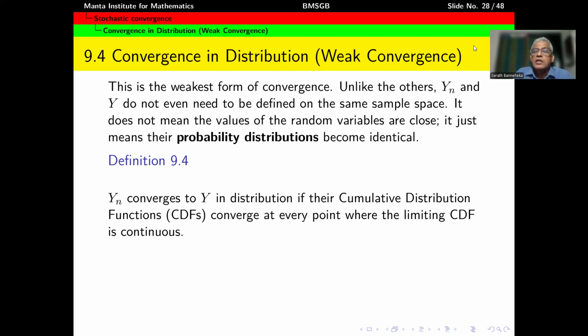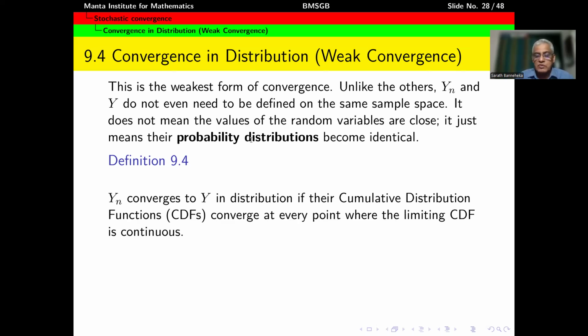So let's look at the definition. The sequence yn converges to y in distribution if their cumulative distribution functions converge at every point where the limiting CDF is continuous.